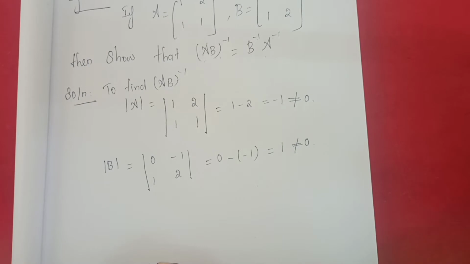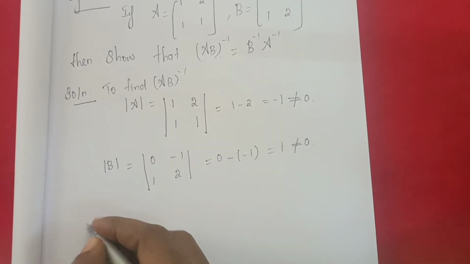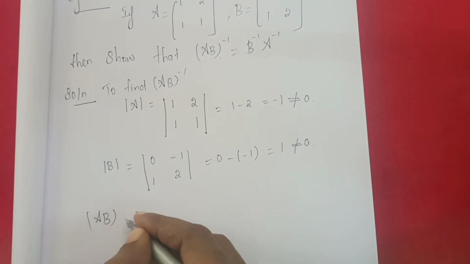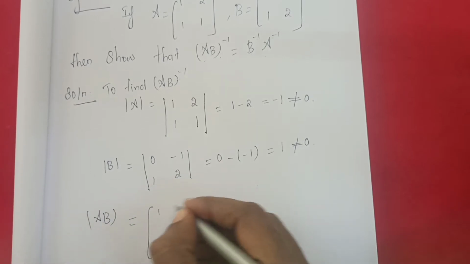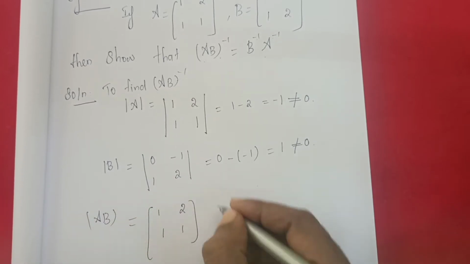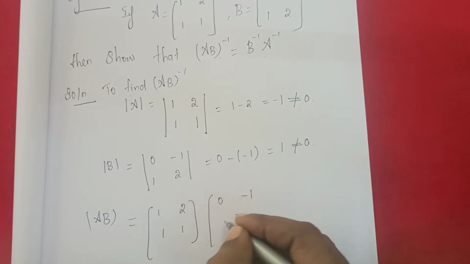After finding the determinant of A and the determinant of B, we need to find the product AB. A matrix is [1, 2; 1, 1], B matrix is [0, -1; 1, 2].